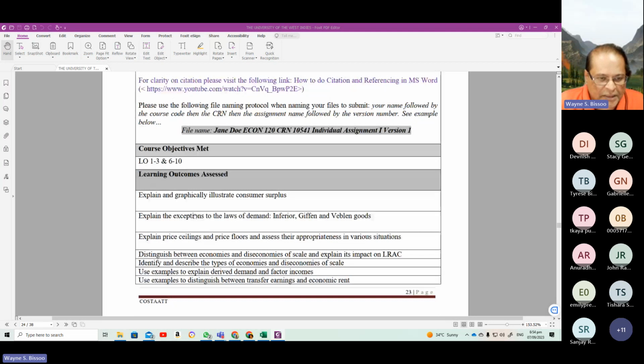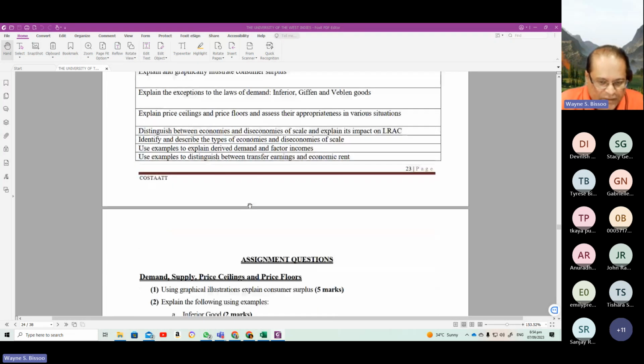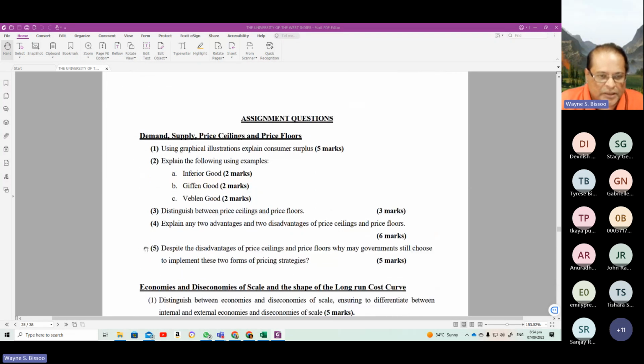All right, so these are the learning objective linkages for the assignment. These are the questions. So remember, in the journal discussion, you were simply looking at part 5 of this entire question.